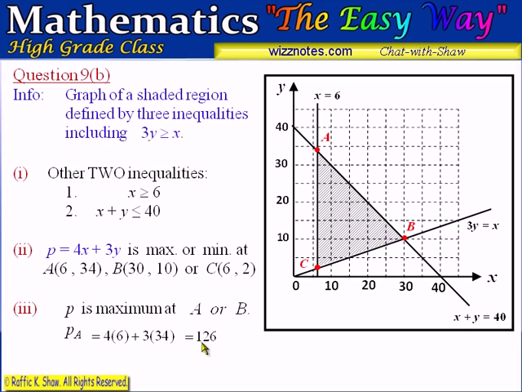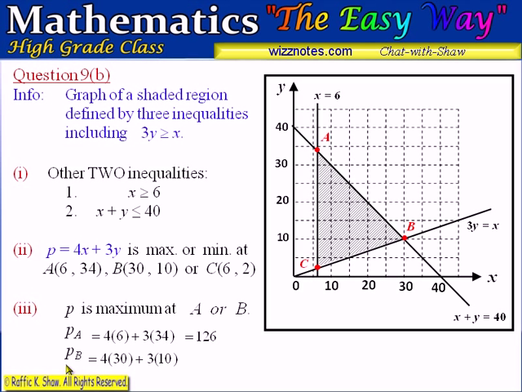Now let's look at what the value of P would be at the point B. At B, where the coordinates are (30, 10), let's plug those values into the function P = 4x + 3y. That would be 4 multiplied by the x value at B, which is 30, plus 3 multiplied by the y value at B, which is 10.